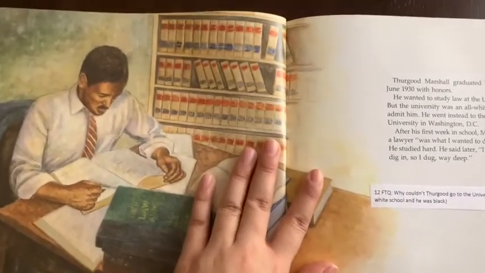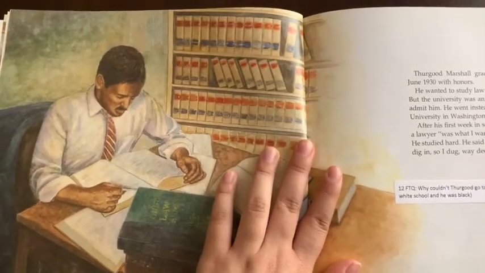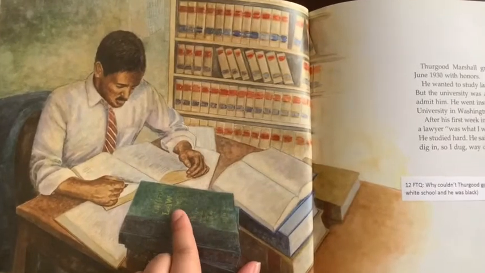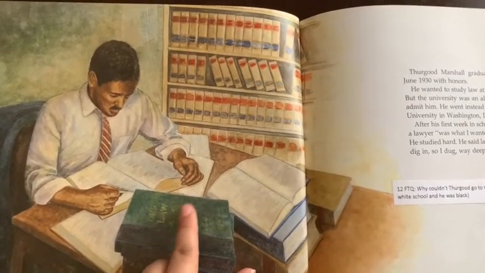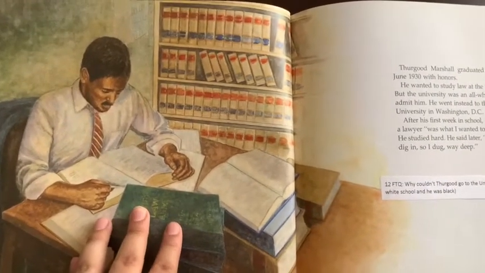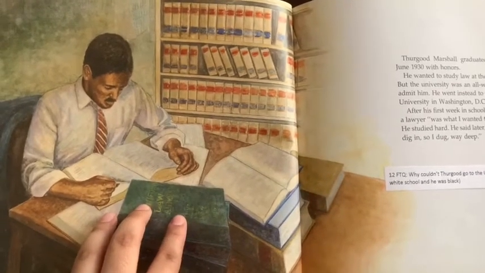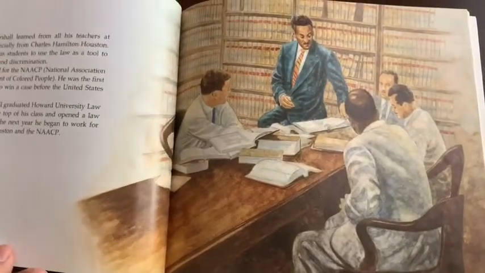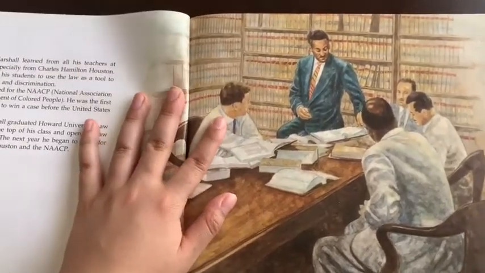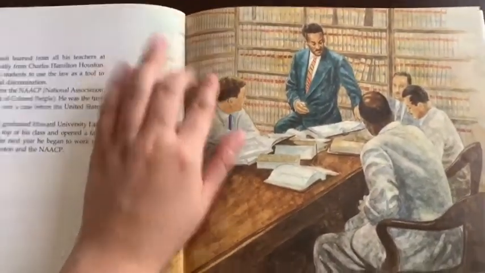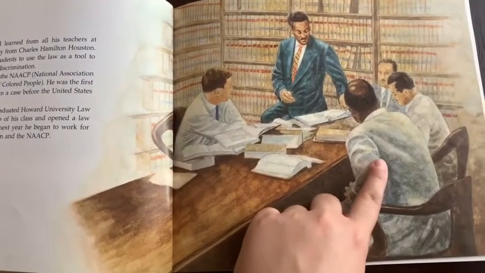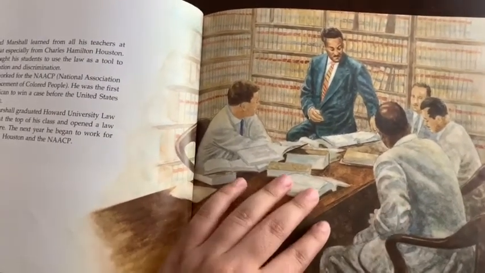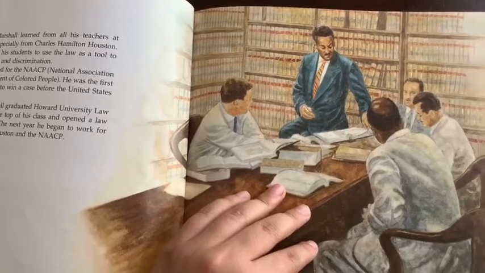Now we see a picture of Thurgood Marshall studying. And right now, if you see right here, it says law. So right now, we can kind of predict that he's studying law. And right here, we see him in a picture with a bunch of other people, wondering what they are talking about.